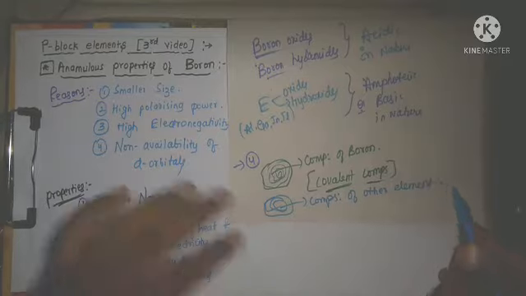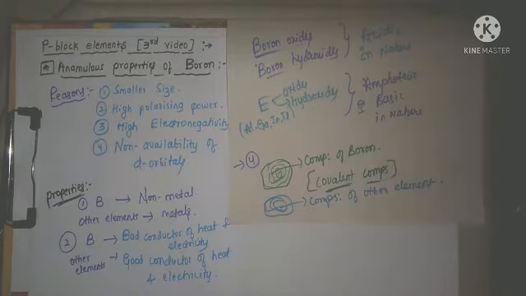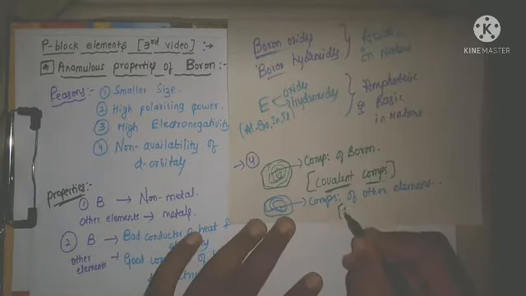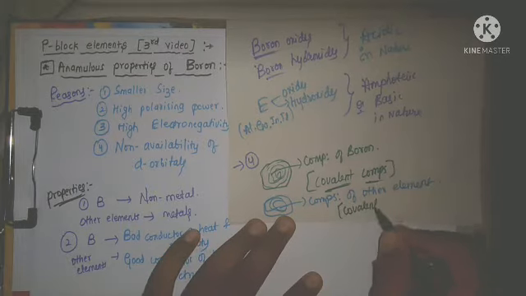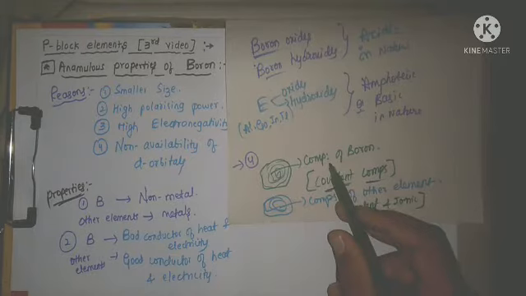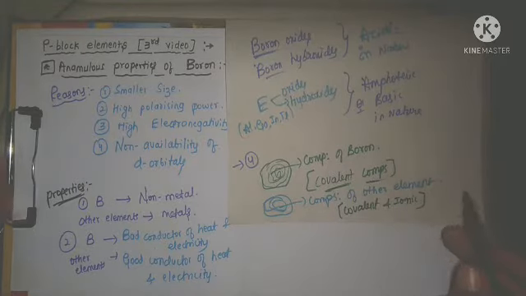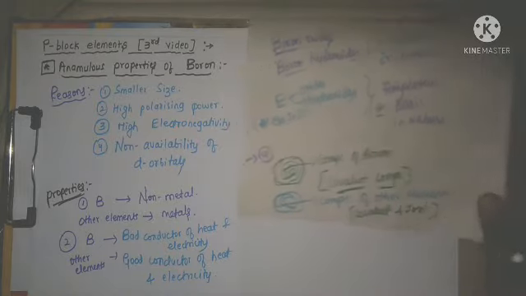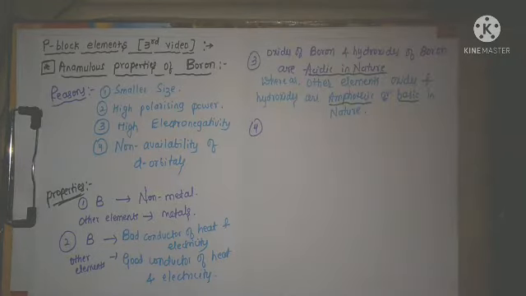these are sometimes covalent and sometimes ionic. Means boron compounds are only covalent, whereas other elements' compounds are both covalent and ionic. It is also one of the anomalous properties of boron. That is only I am writing here.